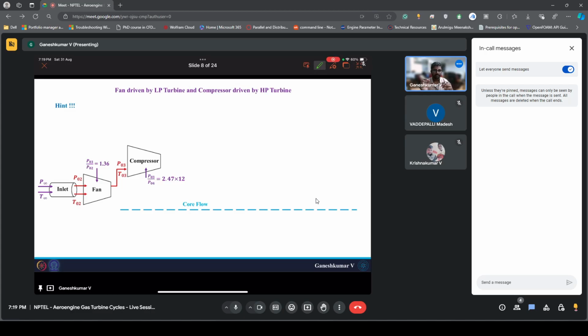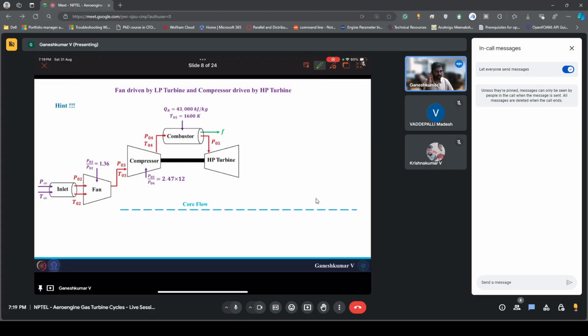So if you want to find P04 by P03, you just need to multiply these two parameters. Here you have one single compressor, that's why you multiply these two pressure ratios. That is one small change compared to whatever we solved in the lecture. And then you directly have a combustor in which you are adding fuel. You need to find the fuel air ratio, which is F, and also the exit pressure.